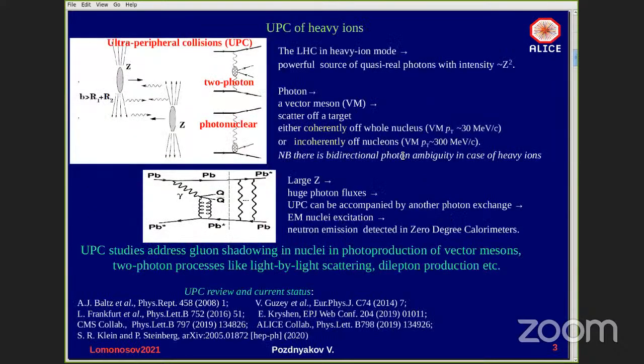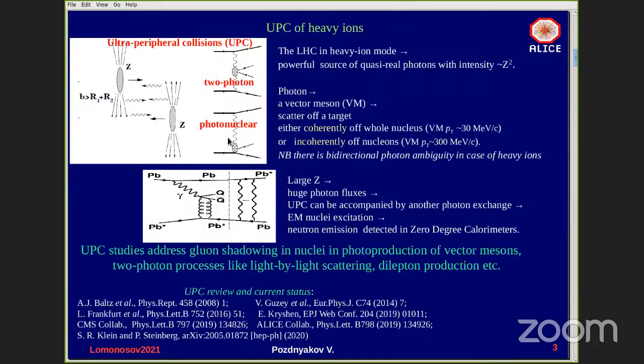So what do we have for UPC? Ultra-peripheral means that there are no hadron interactions between ions, and in this mode the LHC is used as a powerful source of quasi-real photons. So we have photon-induced reactions.